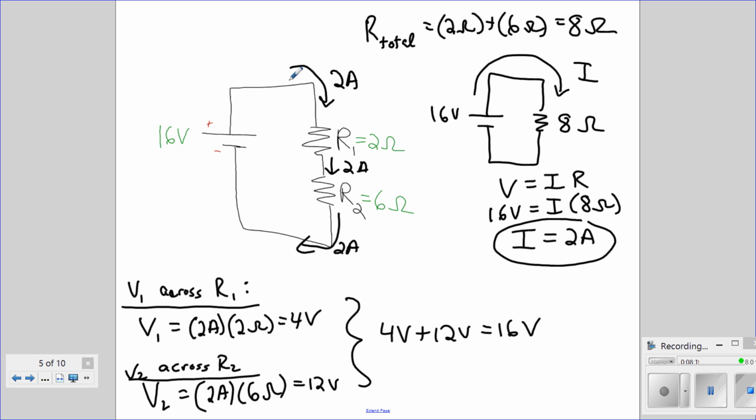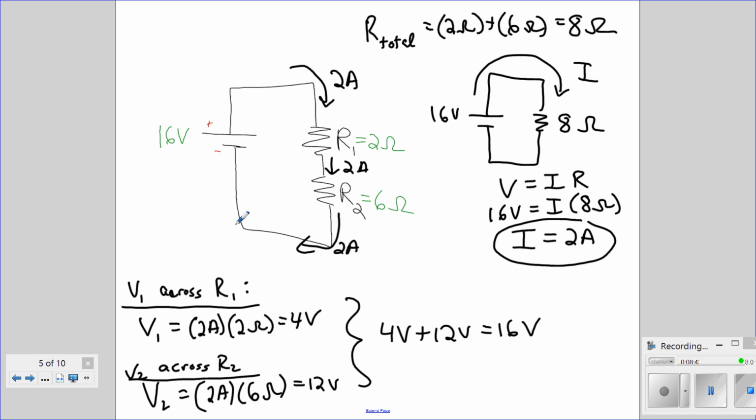And we're going to see there's a law called Kirchhoff's loop rule, where we look at the voltage gain across the battery, and it has to equal the voltage drops across the resistors when we get back to the same spot. So we gain 16 volts, we lose 4 volts, we lose 12 volts, and we're back down to our original voltage.